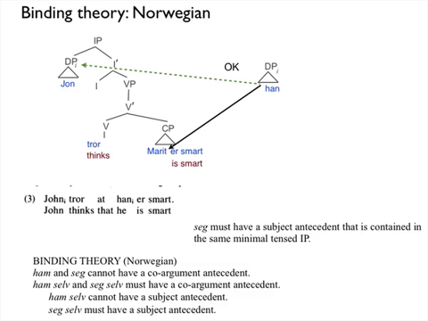And what is the domain that it has to find it in? It has to look up and find a tensed IP. And the lowest one, so the same minimal one means the lowest one that I find. So that allows me to look out, if I'm seg, I can look outside of an infinitival clause, and then I need to find the subject that's the subject of a tensed clause above that, the closest one above that.